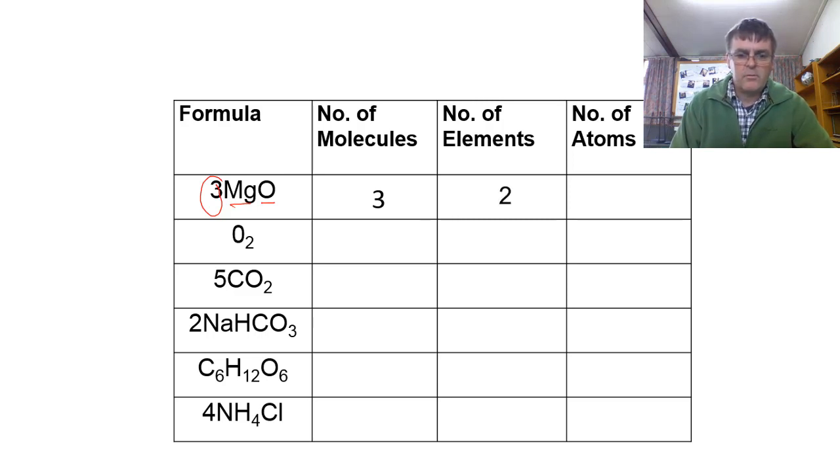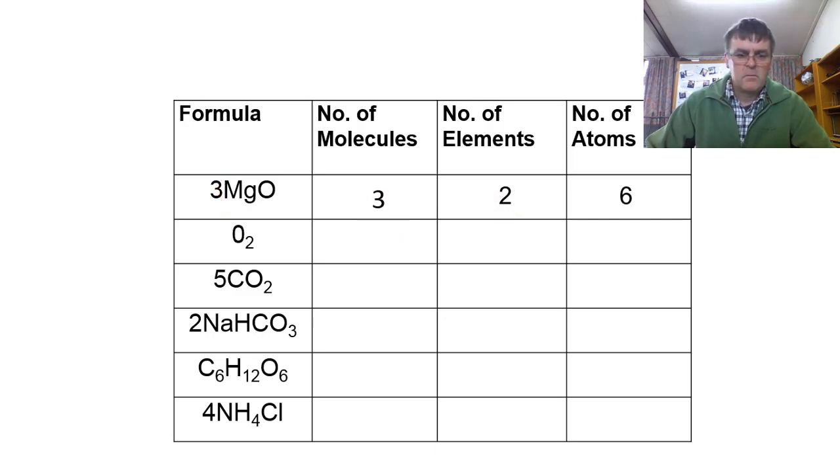Well, I've got 3 molecules times 2 atoms equals 6. So 6 atoms altogether. 3 of magnesium plus 3 of oxygen makes 6.